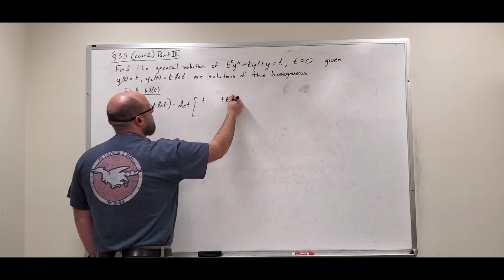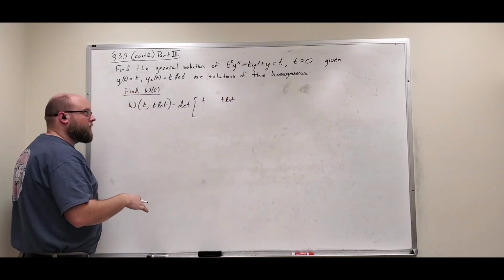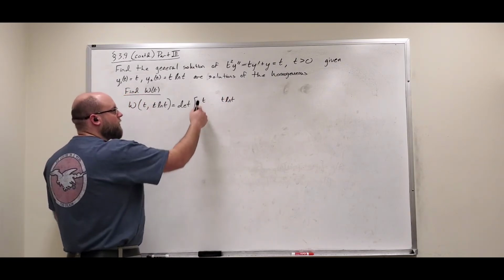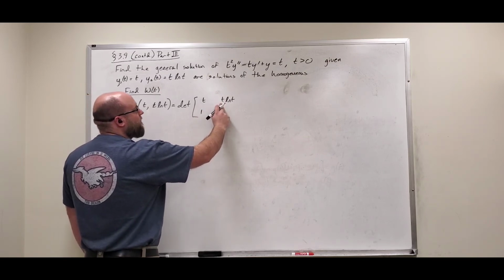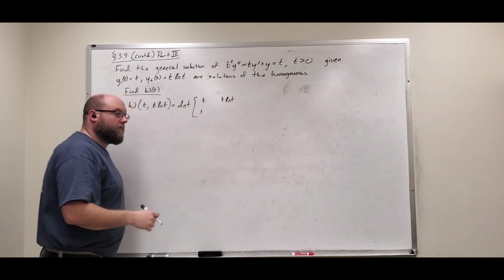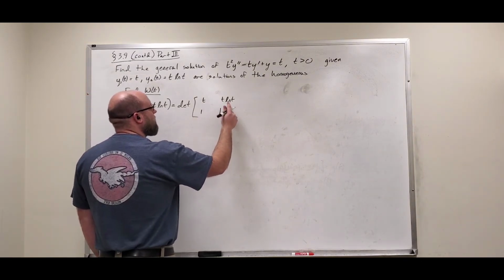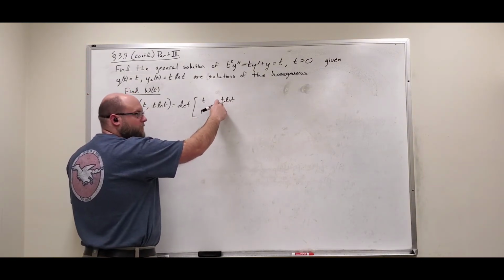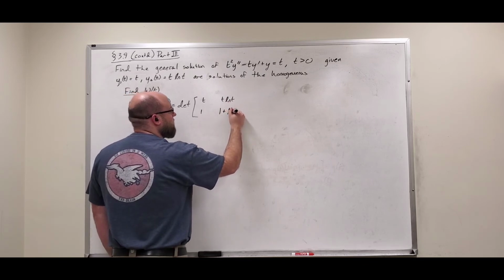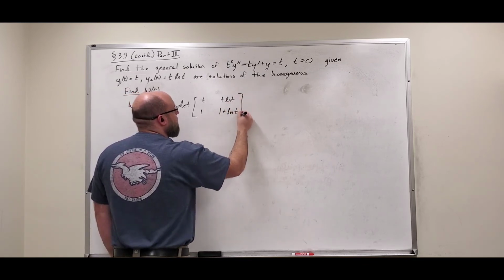So we have t up here, t natural log of t, and then we have their derivatives in the next row. So the derivative of t is 1. And then we're going to have first times the derivative of the second. Well, the derivative of natural log of t is 1 over t, times t, that's going to give us 1. Plus natural log of t times the derivative of t, which is just the natural log of t.